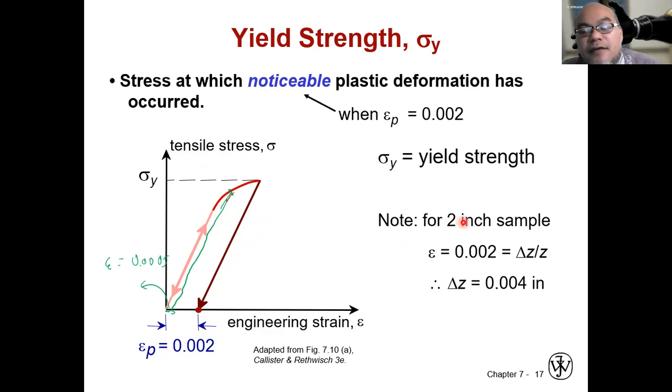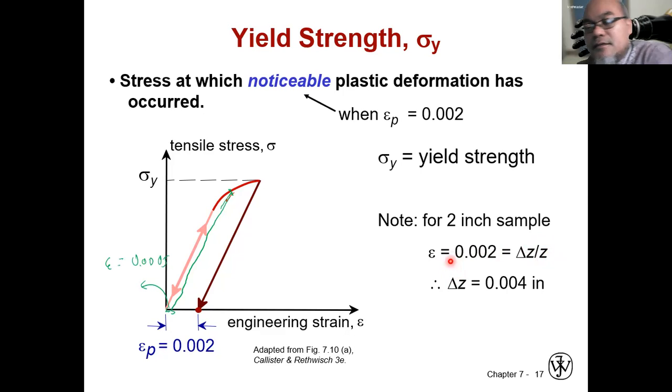For example, we have a 2-inch length sample. What is the deformation when it is at yield strength? The epsilon is 0.002, and this is equal to delta l over l, the initial length.